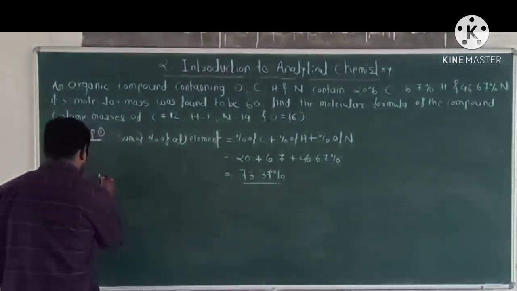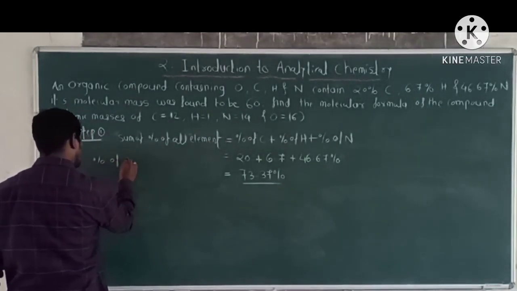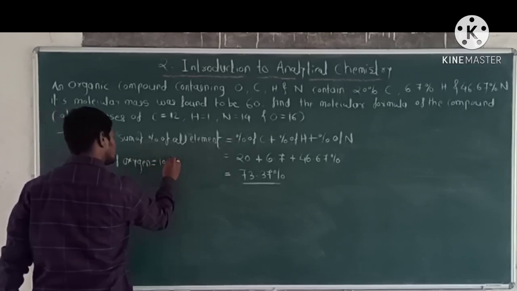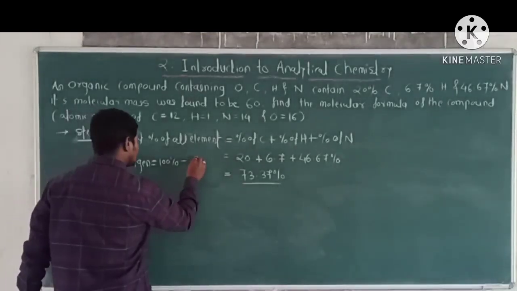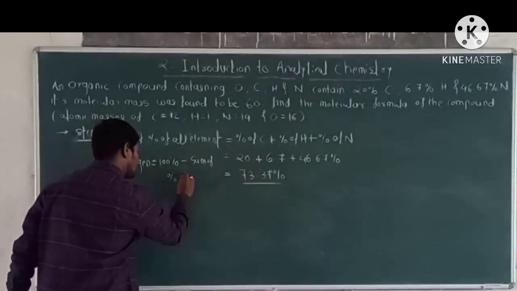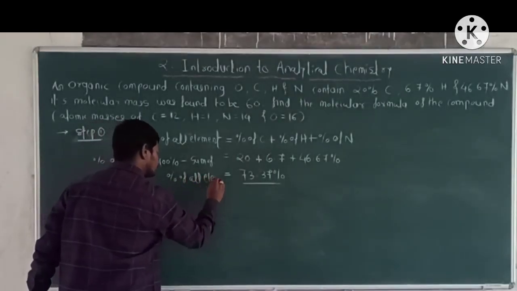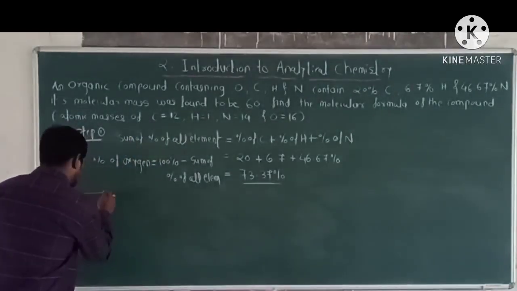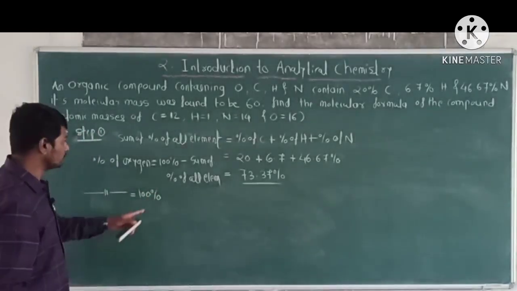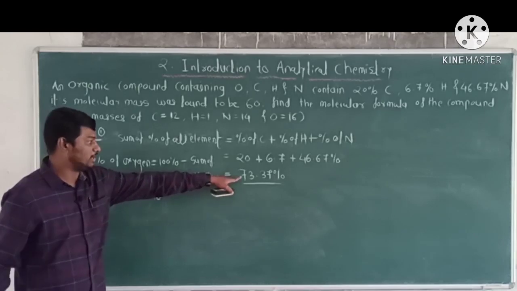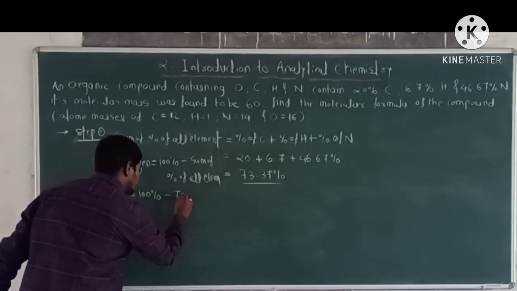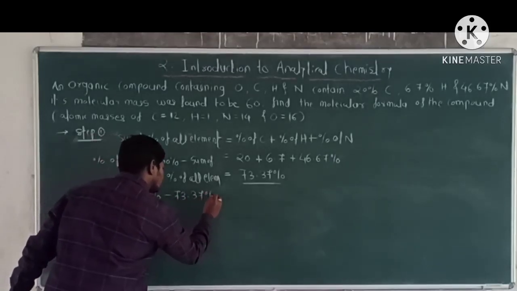Now, the percentage of oxygen is equal to 100% minus the sum of the percentages of all elements, which is 100% minus 73.37%.